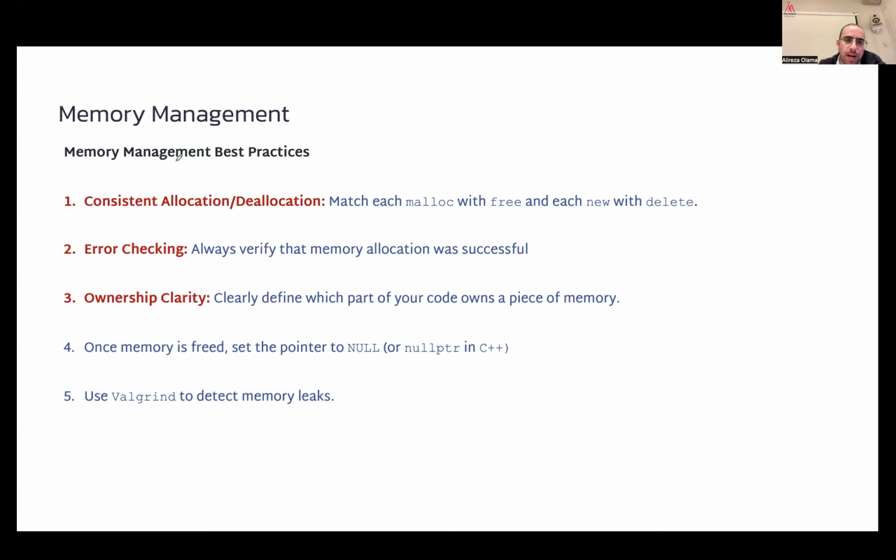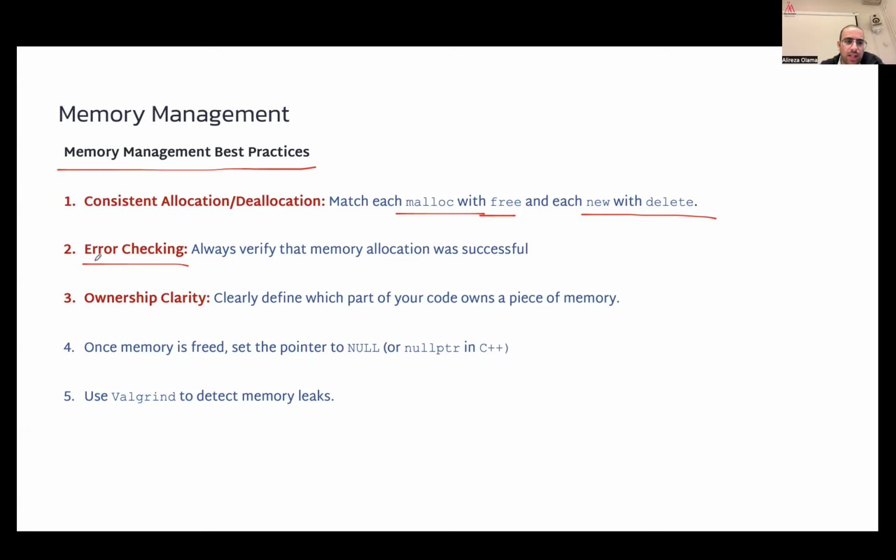So there are some best practices for memory management in both C and C++. The first one is consistent allocation and deallocation. Try to match each malloc with free or each new with delete. I mentioned that a couple of times. Second, try to have error checking. After memory allocation, make sure that the allocation was successful, and otherwise send the user of that program some meaningful errors.